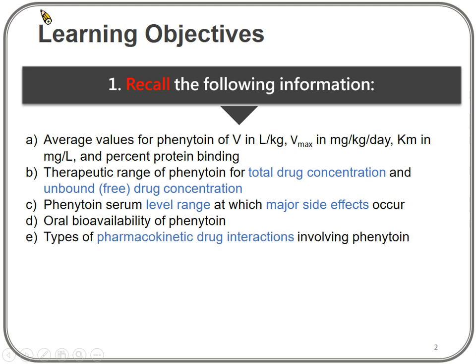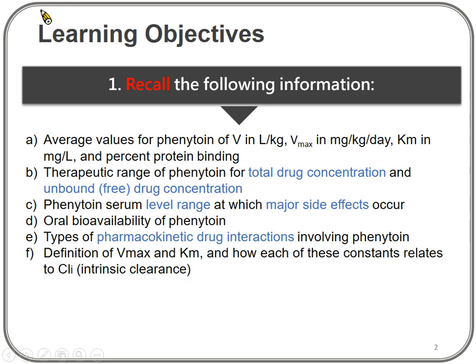The types of pharmacokinetic drug interactions that involve phenytoin or are induced by phenytoin. And last but not least, the definitions of Vmax and Km, those two important pharmacokinetic parameters, and how each of them relates to the intrinsic clearance.